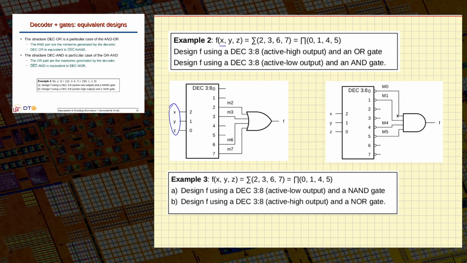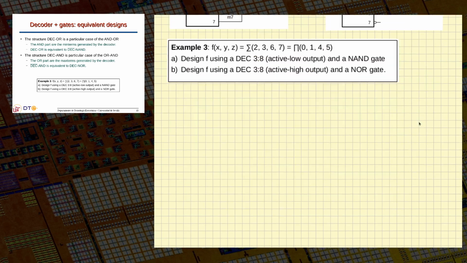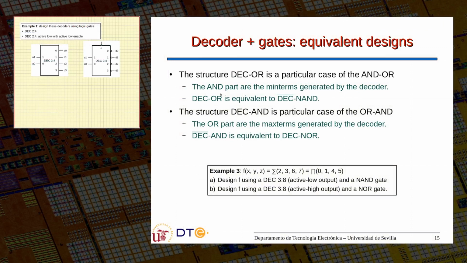But we can repeat this exercise because we have used here direct addition, the OR, or direct multiplication, the AND gate. But we can also use NAND and NOR gates. The idea is explained in the slides, but it's as follows.